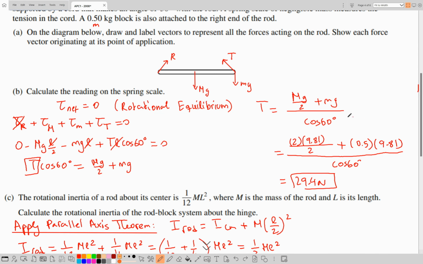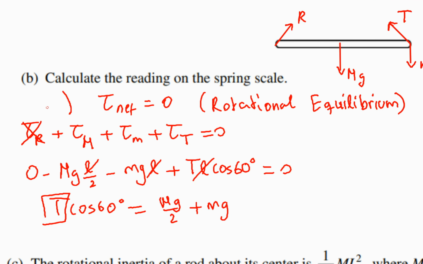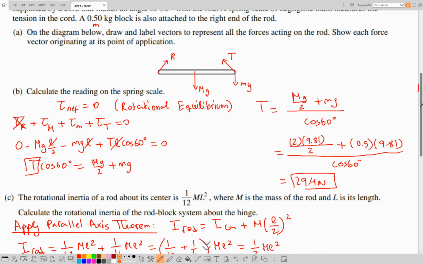Now let me consider the positive direction to be the direction of motion of the rod, which is like that. And here, if you're wondering why in part B I considered the positive direction to be anti-clockwise, that's not important because we are in rotational equilibrium, so the minuses will cancel in either case.